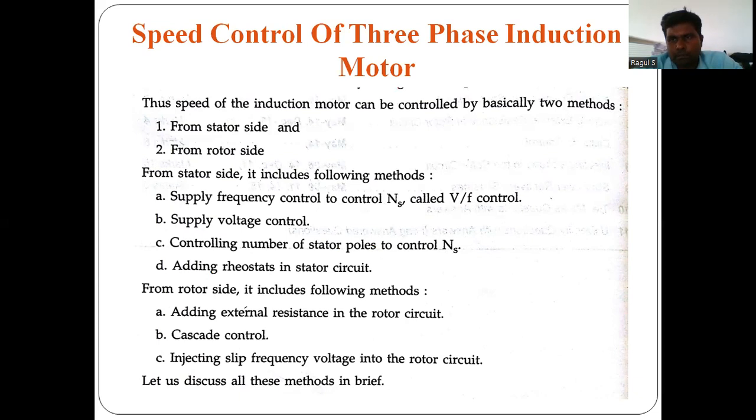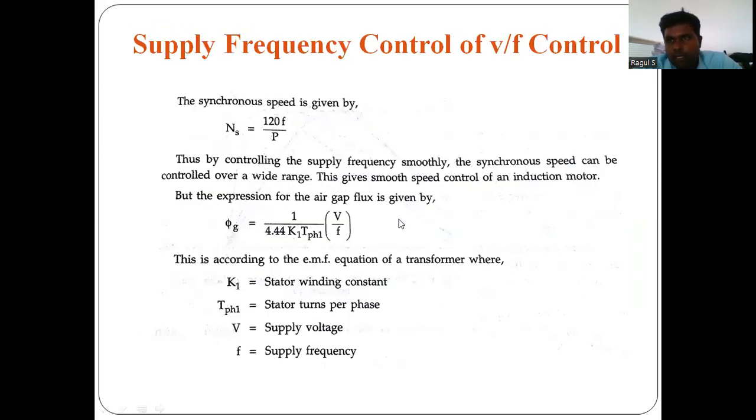On the stator side: supply voltage control, supply frequency control, in some cases keeping the voltage to frequency ratio constant, controlling the number of stator poles, and adding a rheostat in the stator circuit. Likewise on the rotor side: adding external resistors in the rotor circuit, cascade control, and injecting slip frequency voltage in the rotor circuit. Out of these different types, we are now going to discuss a very few.